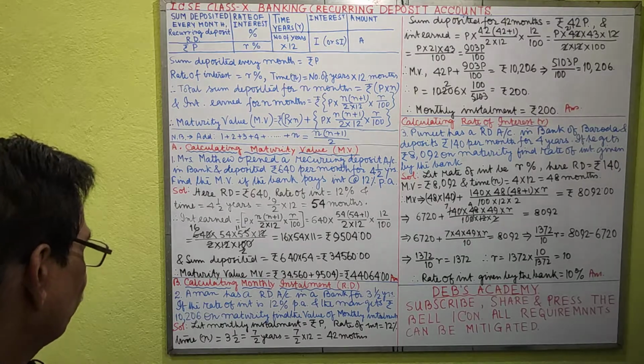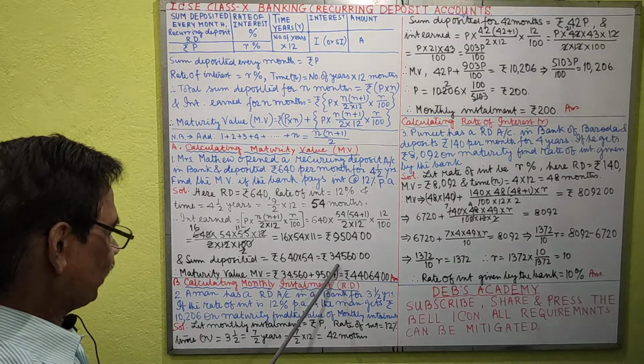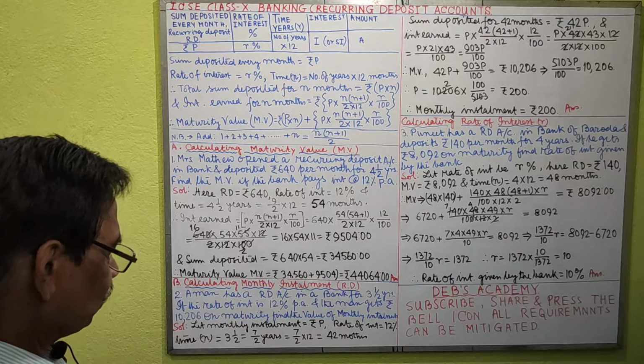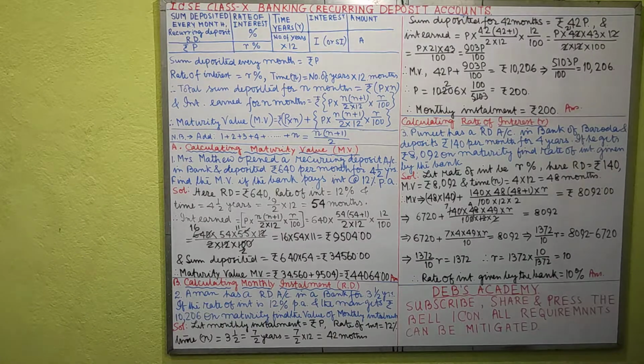Therefore maturity value will be the sum of this interest earned and the sum deposited, which is 44,064 only.